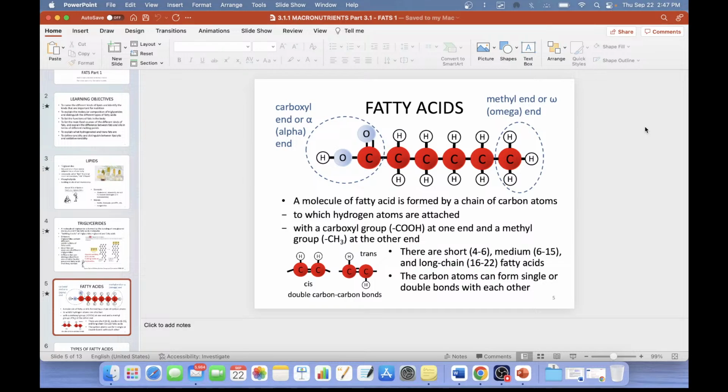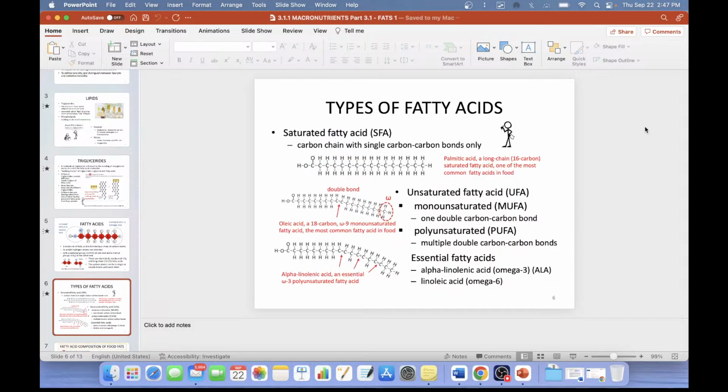Okay, so now that we have the basics of a molecule of a fatty acid, we are ready to understand the classification of types of fatty acids. So we have, as I said, saturated fatty acids and unsaturated fatty acids. And let's see what that means. In a saturated fatty acid, in the carbon chain, the carbons are attached only with single carbon-carbon bonds.